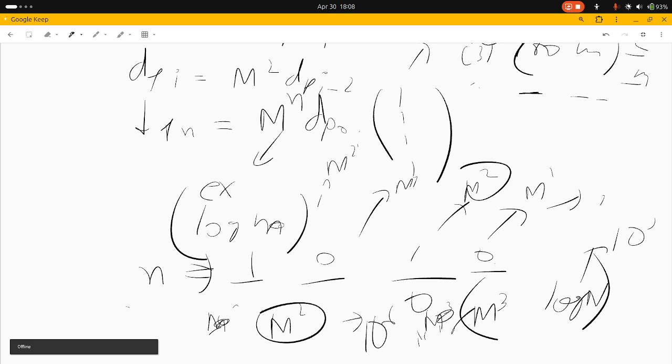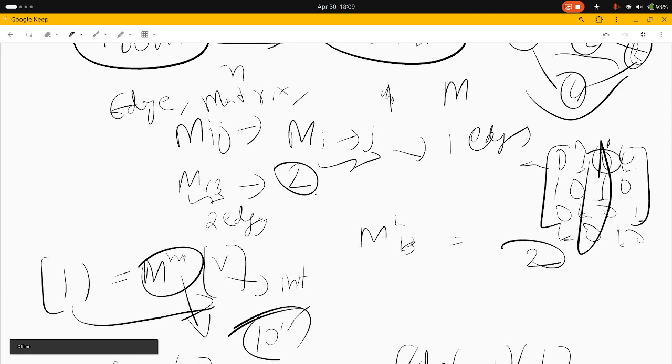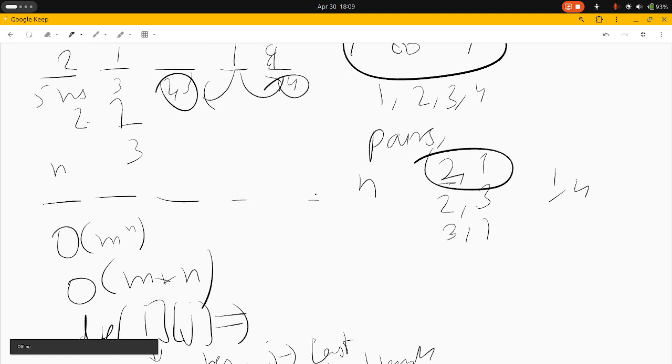The complexity is reduced a lot compared to 10 power 15. So this is the optimal approach for filling n blanks with limitations. The totally brute force approach would be with for and while loops, which takes power m.